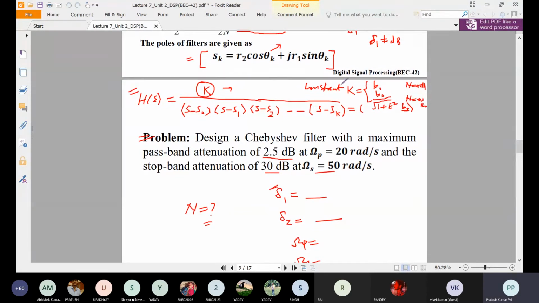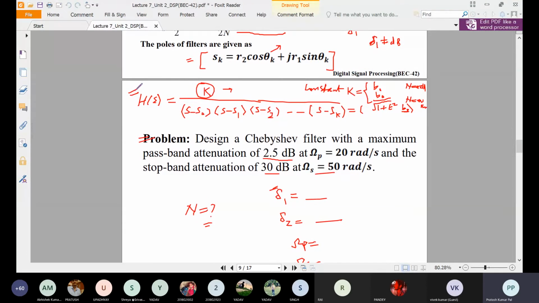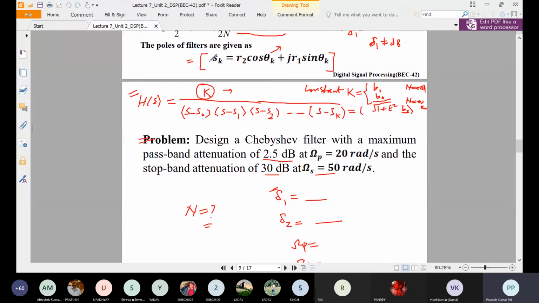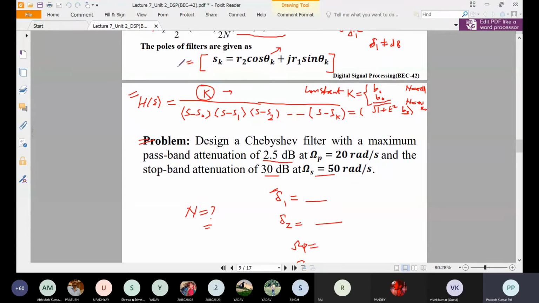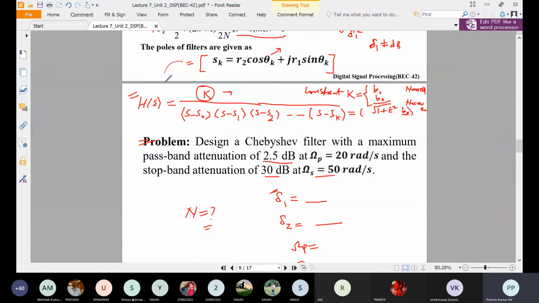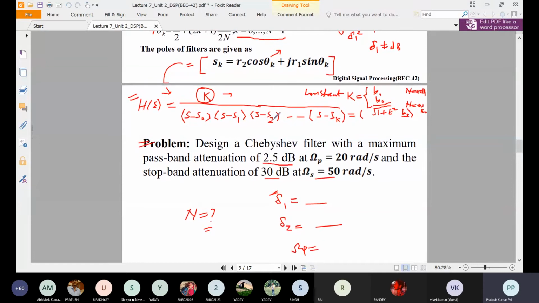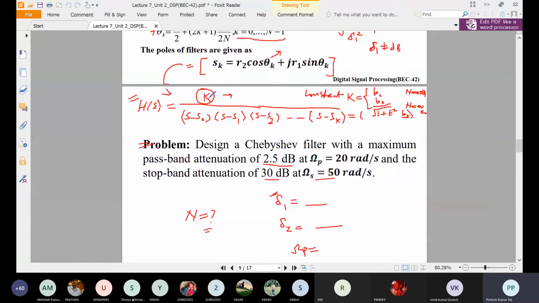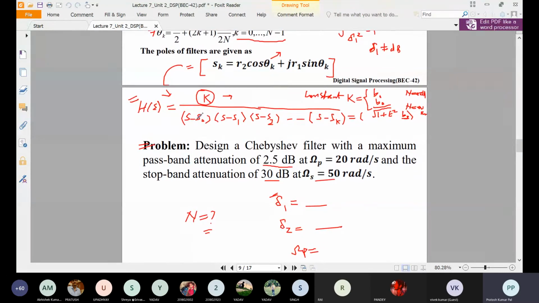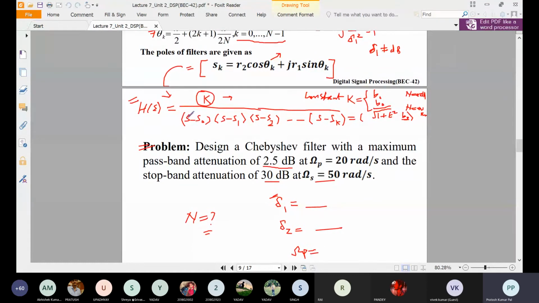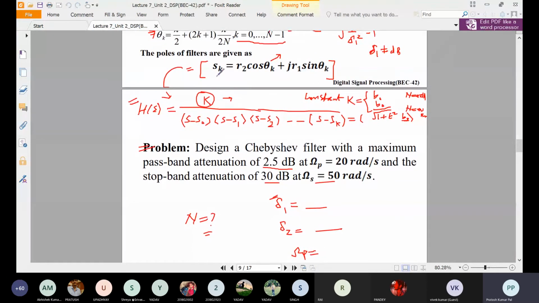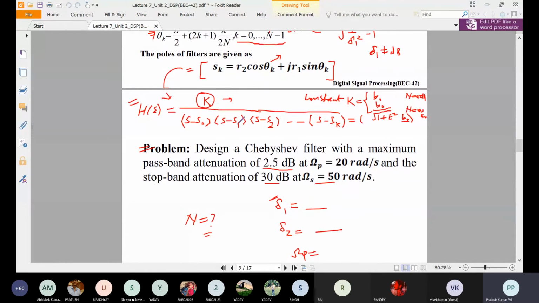So this is how, after getting the normalized pole locations, we can use the pole locations to get the transfer function. This transfer function will look like k divided by this. The k value will be a constant, and this will be the multiplication of s minus s0, where s0 is the first location of the pole, and this is the second location.